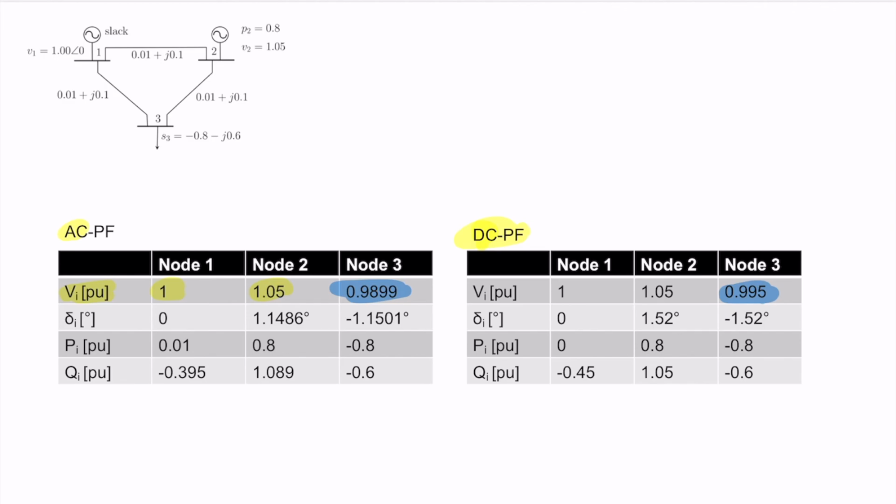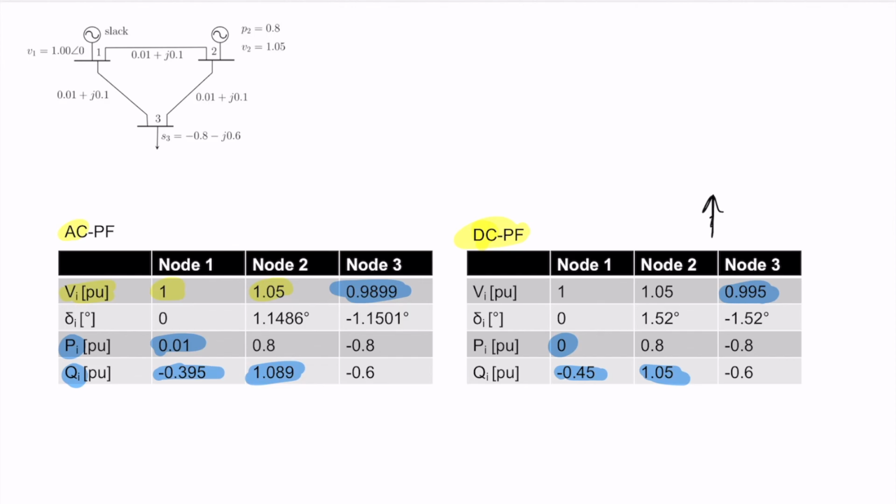Going back to the active power in node 1, because in 2 and 3 it is fixed, while this is very close to this one, reactive power was fixed in node 3, but node 1 was computed. So there is quite an important difference here, and also not so much in node 2.